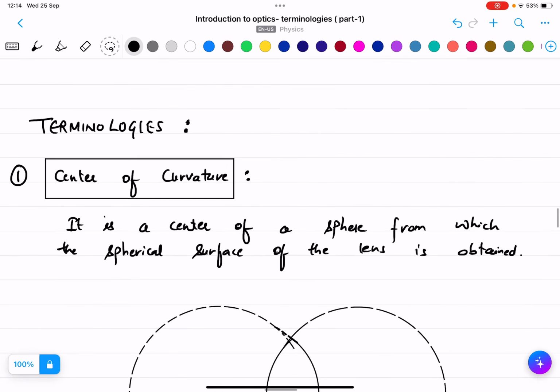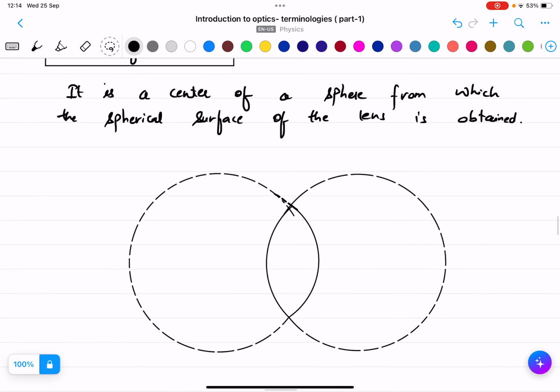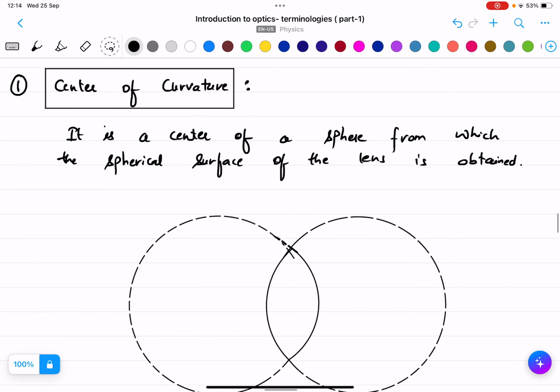So center of curvature, if I'm speaking about center of curvature, that means there is a lens like this, it is a circle, it is a sphere like this, so there will be a center of the sphere. So this is your center of curvature.